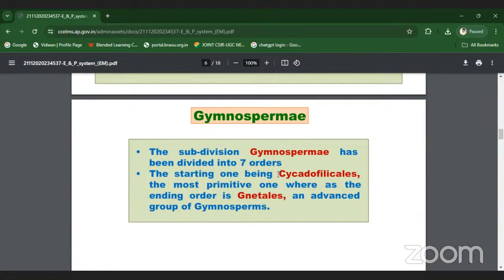The starting one is Cycadophyllales, the most primitive one, whereas the ending order is Gnetales. In the Bentham and Hooker classification, it was first Gnetales and last Cycadales, but in this system Cycads are first and Gnetales last. It is of course the advanced character in gymnosperms, as most of the Gnetales plants show angiospermic characters.